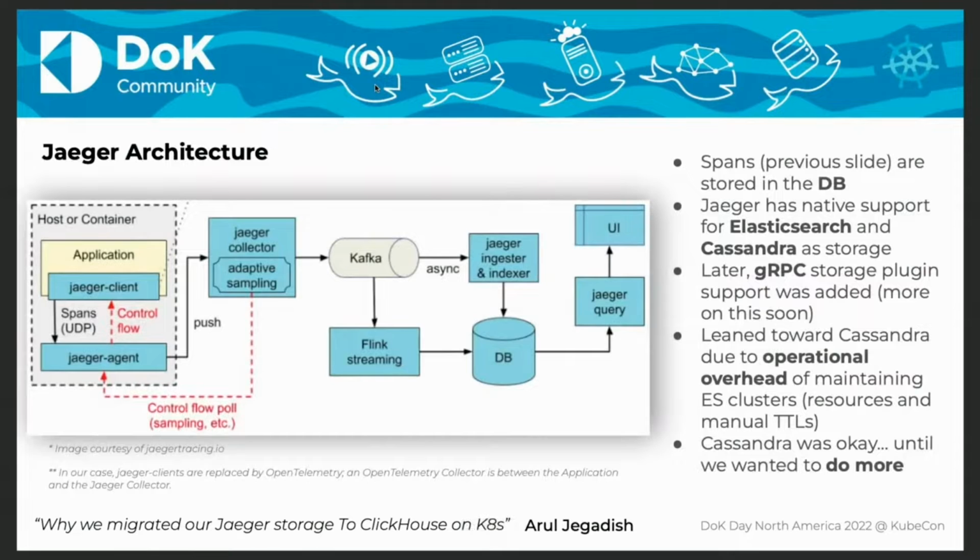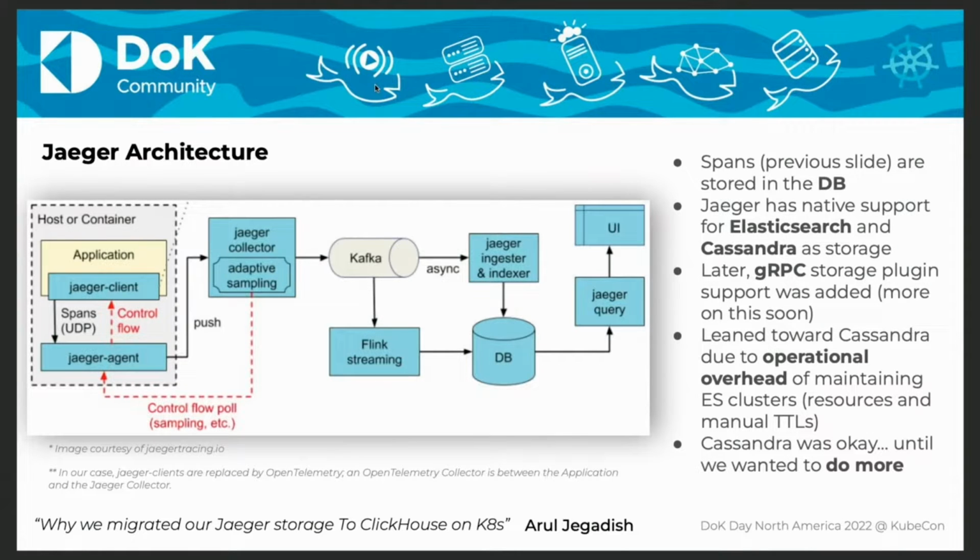Yeah, and a little bit more about the architecture of Jaeger. You begin by instrumenting your applications to emit these traces. Nowadays that's usually done with OpenTelemetry libraries. Then you collect those traces, send them to the backend, and Jaeger processes them and finally stores them in the Jaeger DB.